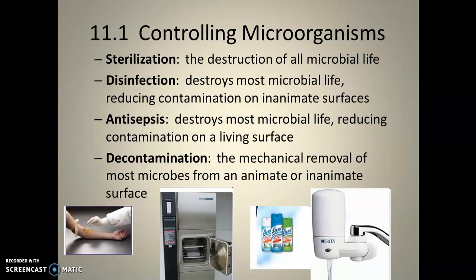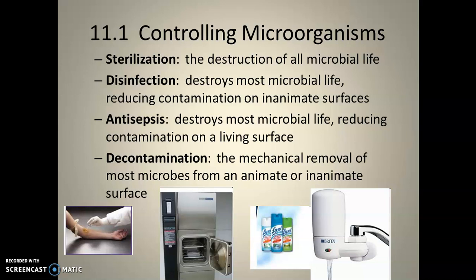All right, so what is the result then from whatever we're doing to remove or get rid of those organisms? One is said to be sterilization. So we're just going to talk about these terms here. I'll go more into detail here in a second. So sterilization is the term that we use to say that we have destroyed all microbial life.